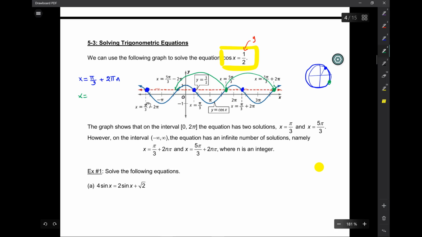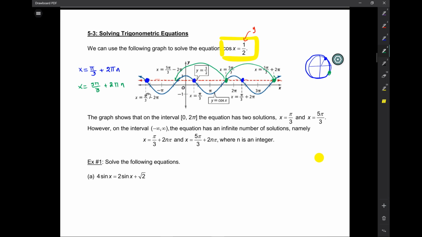So another solution is 5 pi over 3 plus 2 pi n. You can write 2 pi n, but it's more conventional to write 2n pi. All right? So here is another way of writing our solution. So x is pi over 3 plus 2n pi, and 5 pi over 3 plus 2n pi.